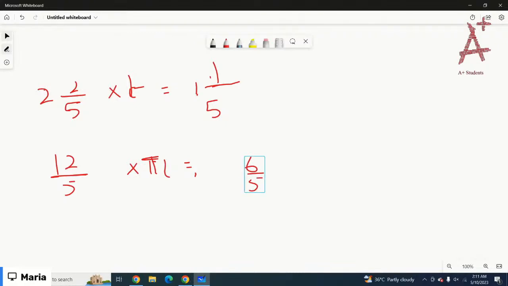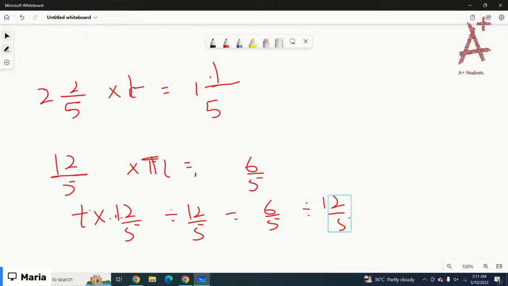So basically you have to divide both sides by 12 over 5 because you need to remove that 12 over 5 from this side. So it would be t times 12 over 5 divided by 12 over 5. Same thing you have to do on the other side: 6 over 5 divided by 12 over 5. So same thing, multiplying and dividing, they can cancel out each other. You are left with t here.